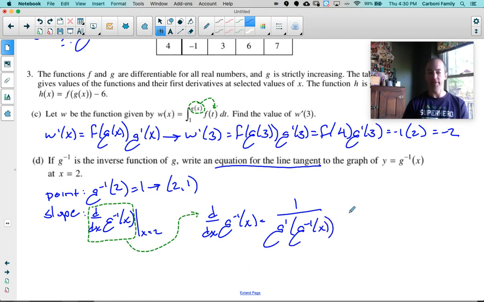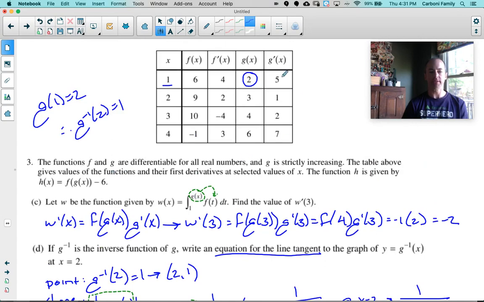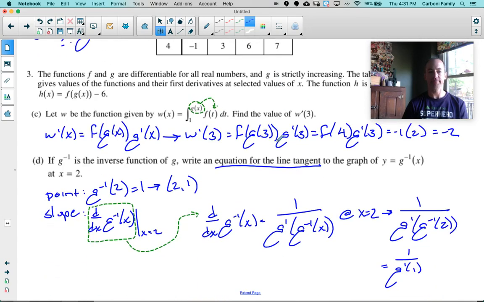And so if I want this at x equals 2, that would lead to 1 over g prime of g inverse of 2, and then we figure that out. g inverse of 2, we just found out was 1, so 1 over g prime of 1, and g prime of 1 back up to the table is 5. And so I have a slope of 1/5.